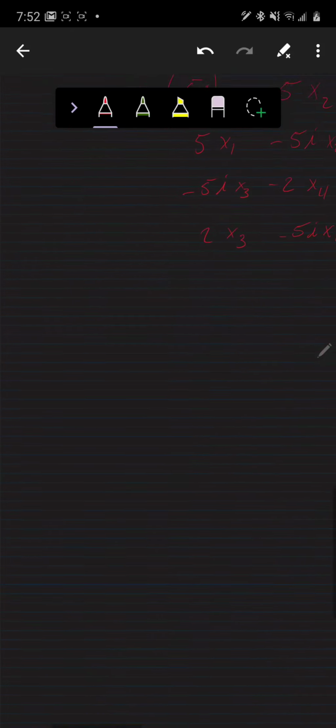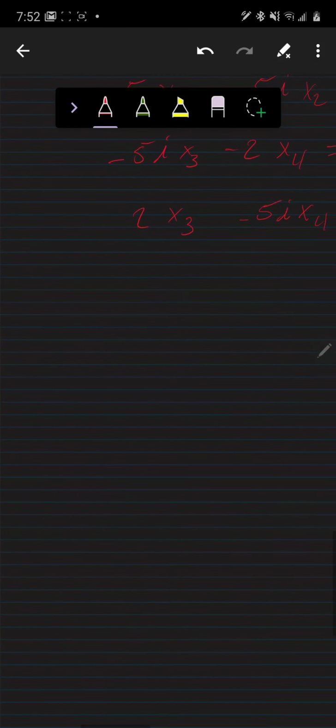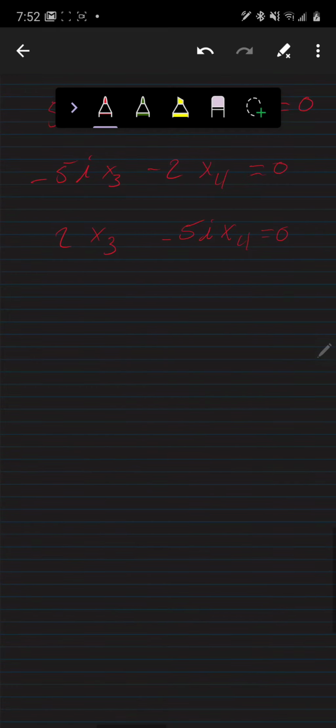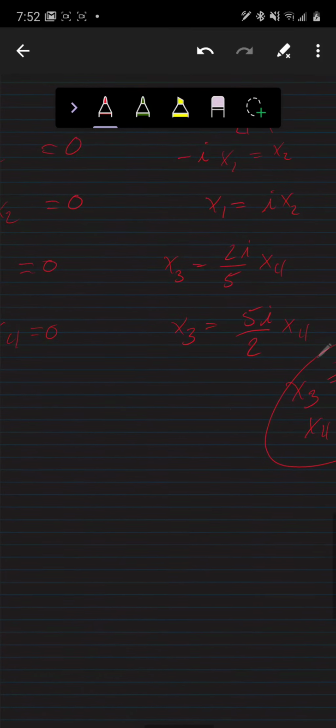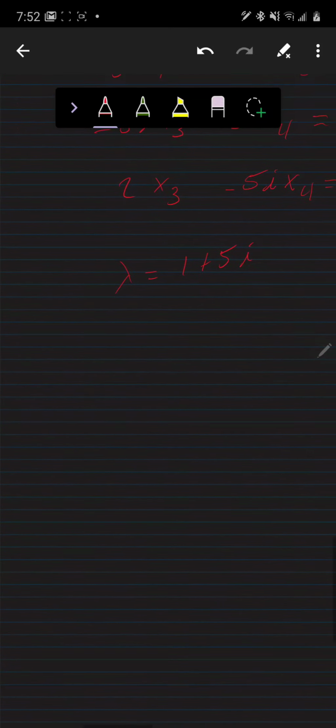So for the eigenvector for this equation, 1 plus 5i, this is going to be 1, negative i, 0, 0.